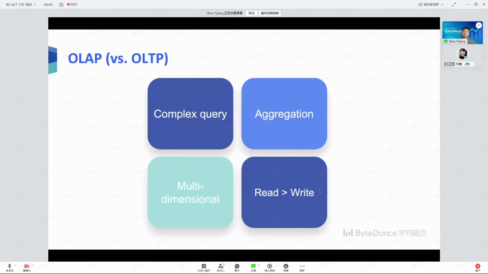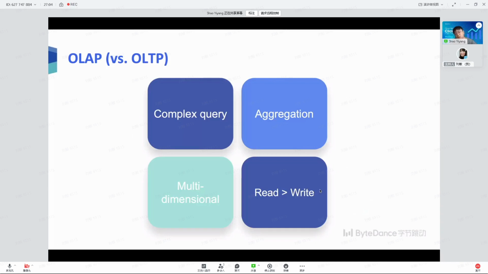It's quite a different use case, so OLAP has some very unique characteristics. For example, OLAP usually requires more complex queries compared to a transactional database, which usually just tries to read precisely several rows of data.